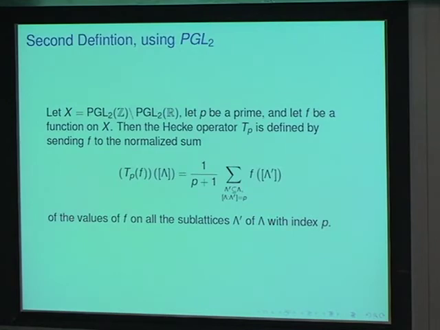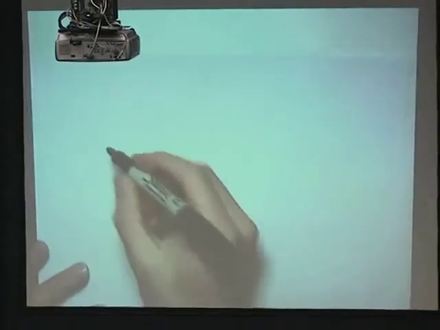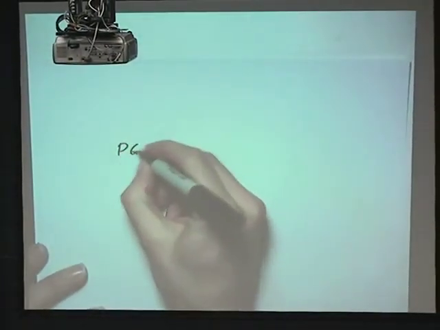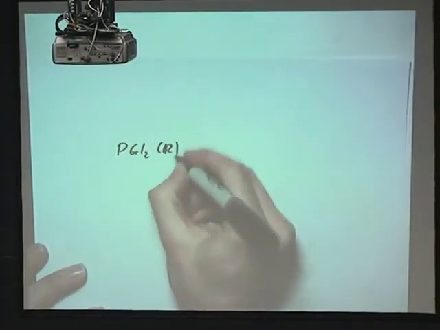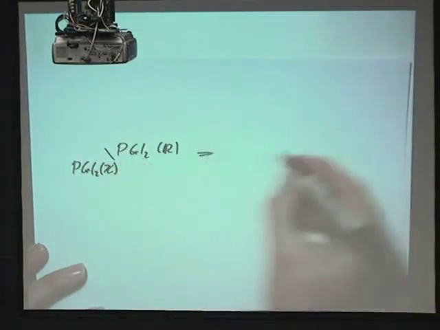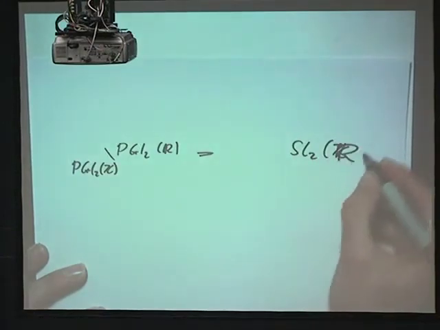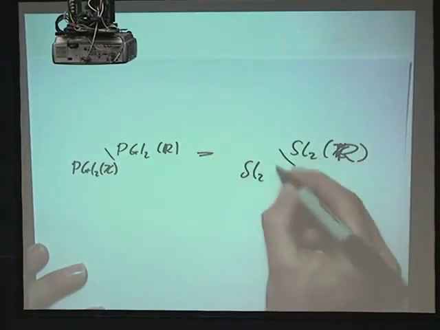Now, what's that got to do with what we discussed before? Well, the space PGL2R mod PGL2Z, which looks a bit more complicated, is nothing but the same thing as what we discussed before, SL2R mod SL2Z.